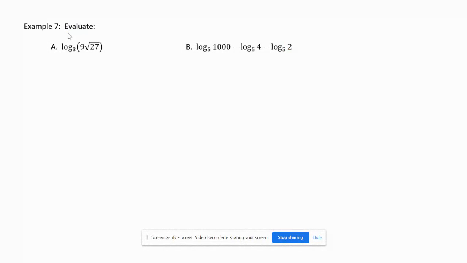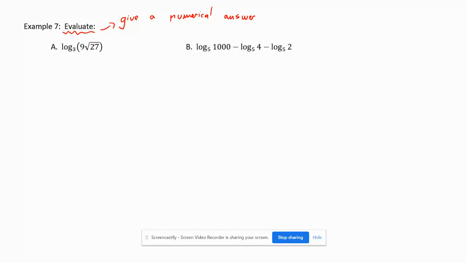Okay, so example 7 right now, we're just having some longer logarithm questions like that, which we want to evaluate. So again, guys, what does evaluate mean? It means give a numerical answer. Okay, so guys, obviously I could use my calculator, but I'm going to show you how to do it longhand over here.